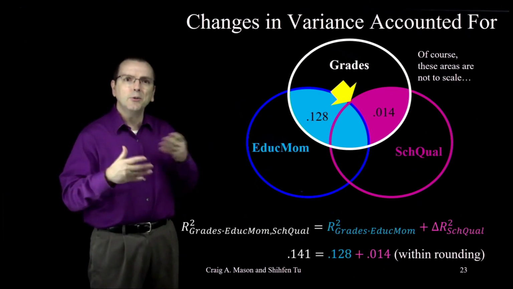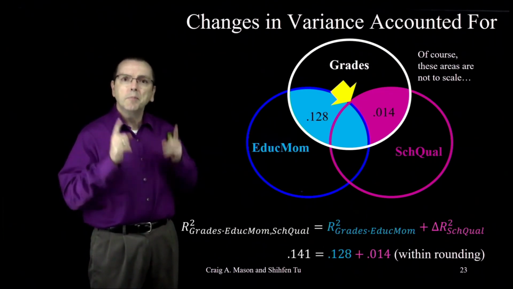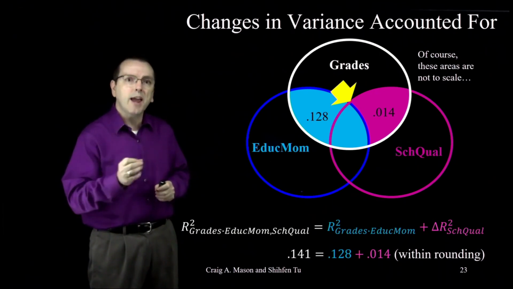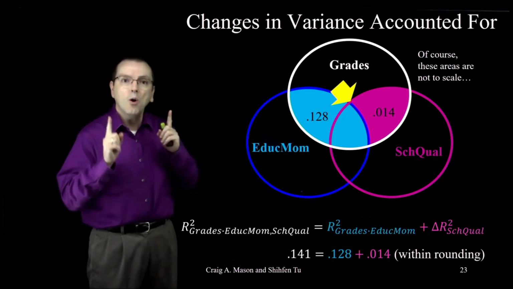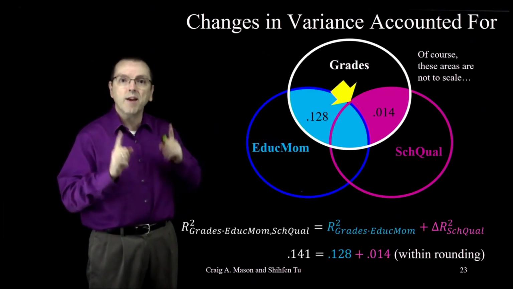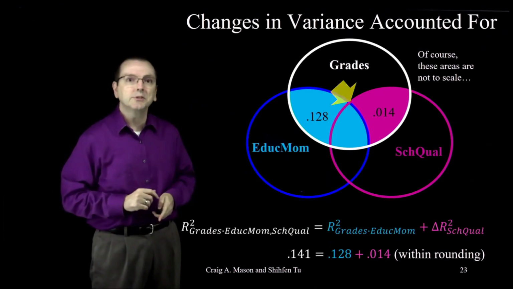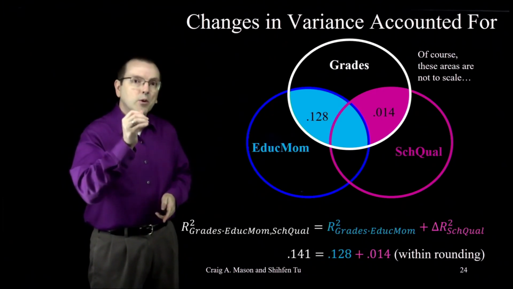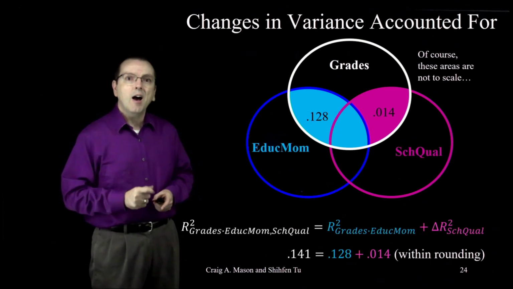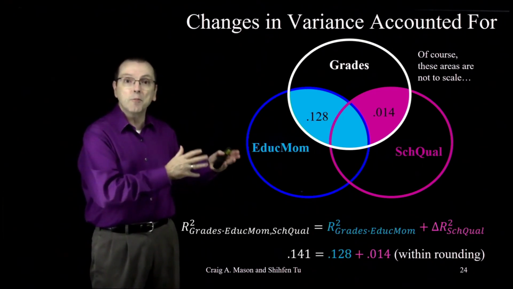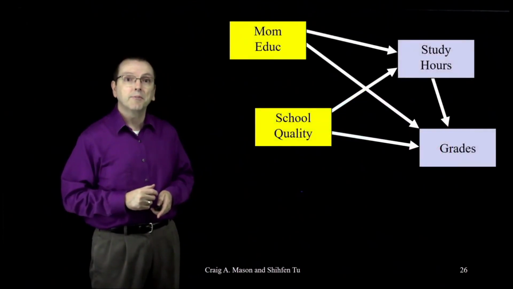Sure, it's included in the total R-squared, but if you look at the effect for individual variables, simultaneous multiple regression only considers their unique variance after removing the effect of the other variables. In sequential multiple regression, our model determines who gets credit for that variance shared by multiple predictors.